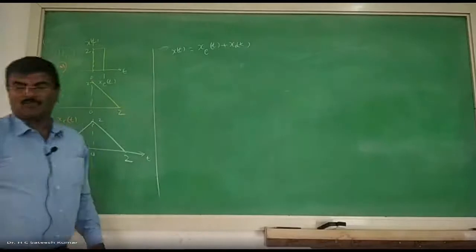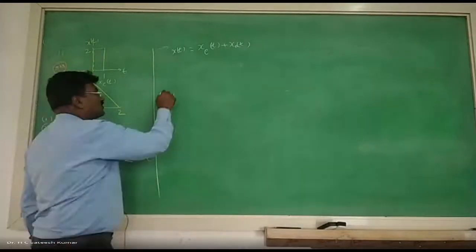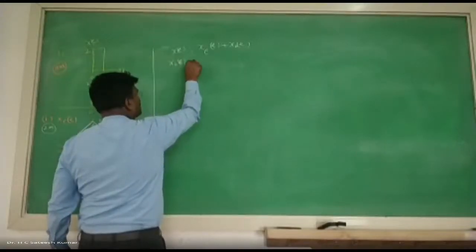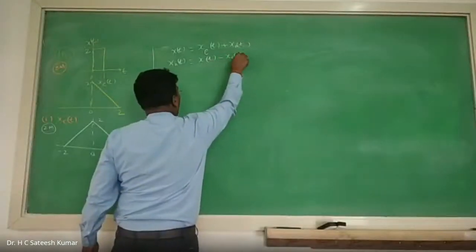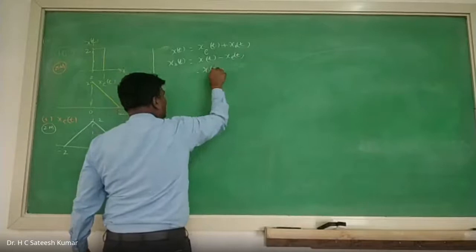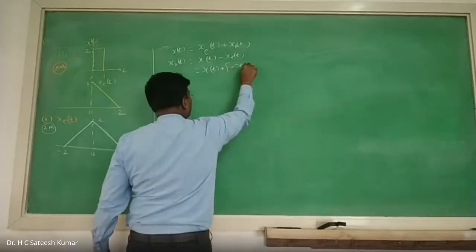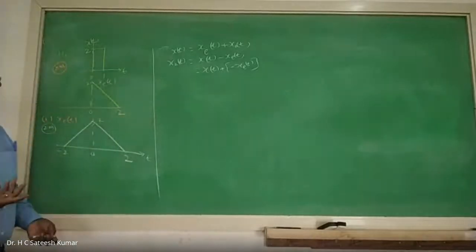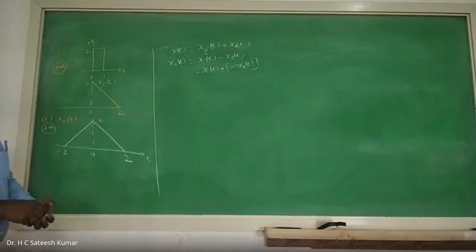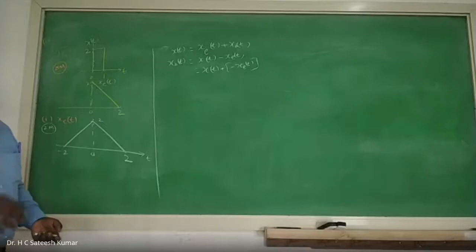You want the odd part. Therefore, xo of t is nothing but x of t minus xe of t. But still we don't know the complete x of t. But what is the portion you know? That you find out. The rest we shall think of.